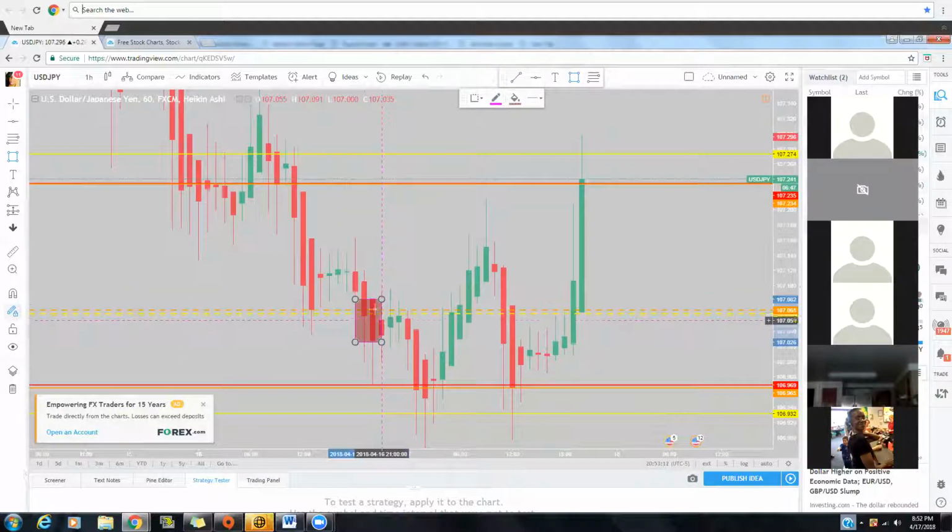Then you have the third, which is open and closed under your 0.382. So that's a good set of candles to use. This is your confirmation that you're on a downtrend at that point. It doesn't mean that you need to enter once you see the third candle. Sometimes it is better to wait for the fourth candle, because as you can see, there was a small pullback right here.